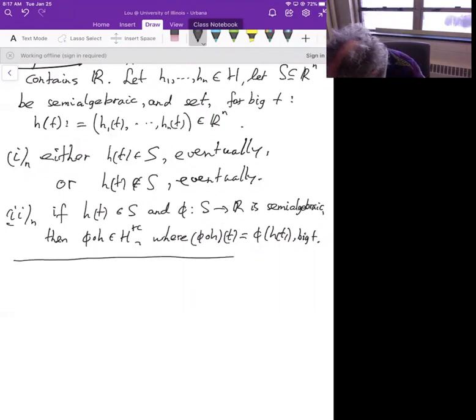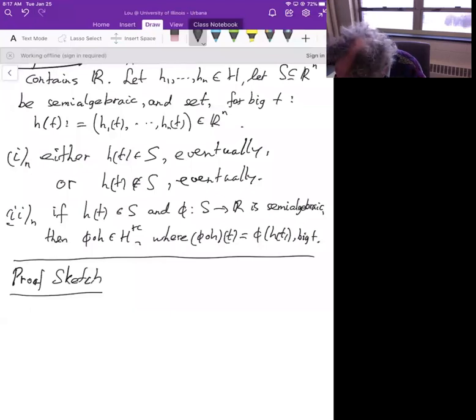Okay, now I only want to give a proof sketch, because this is a good exercise for the students. The proof is by induction on n. And I like to start always with n equals 0.